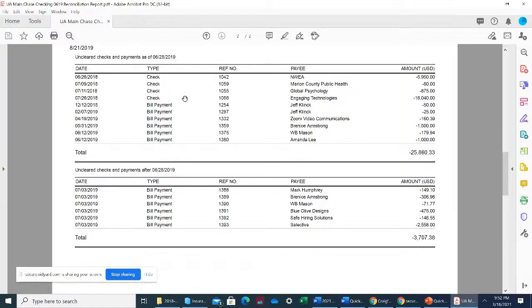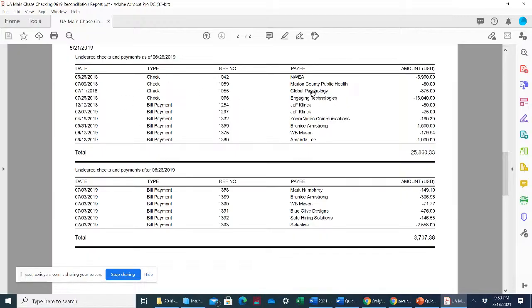So these are back from 2018, 2019. As you can see, this account was reconciled June 28th, 2019. So as a business, you say to yourself, okay, I reconciled this in June 2019, so why are there 2018 checks on here? These are the things that you want to look at, things that are 90 days or more old. Why are they still uncleared?